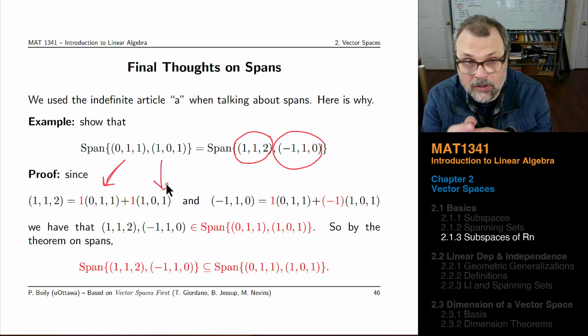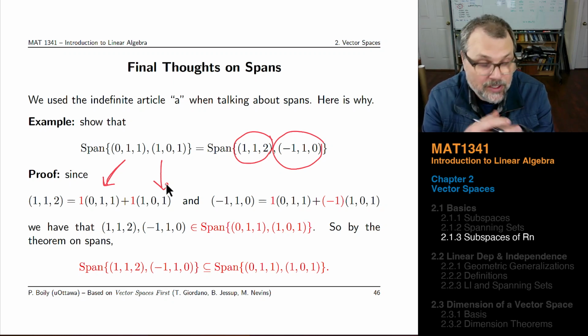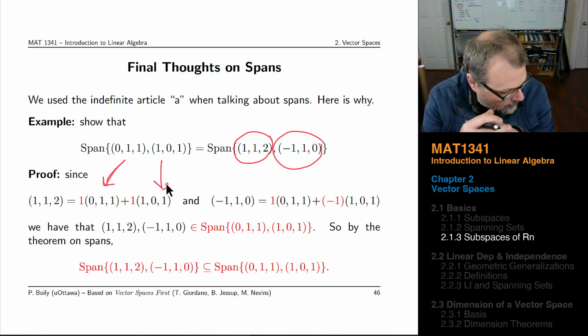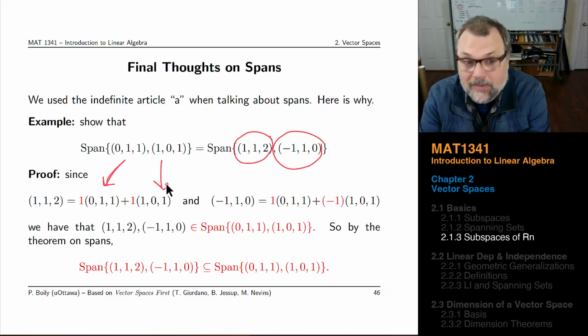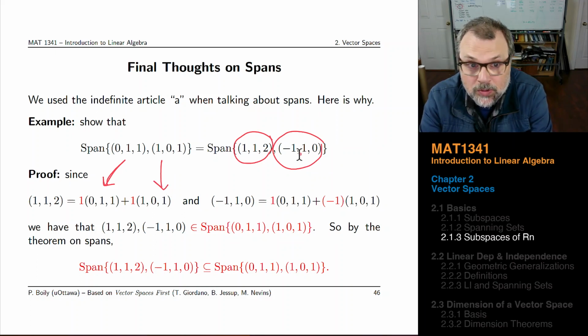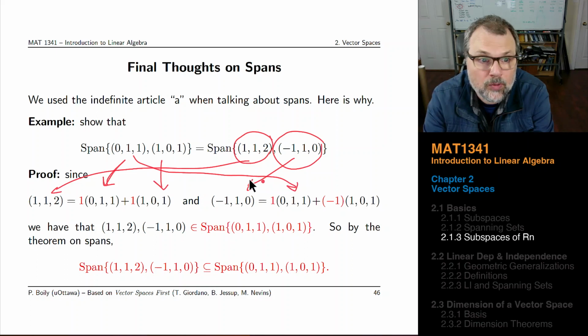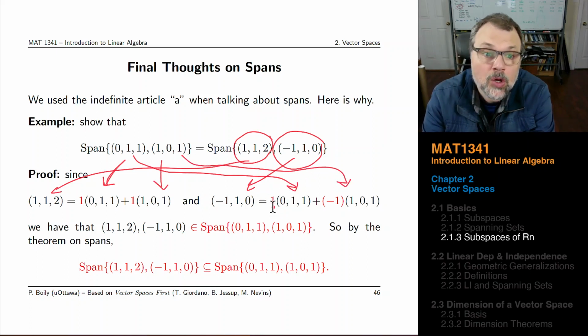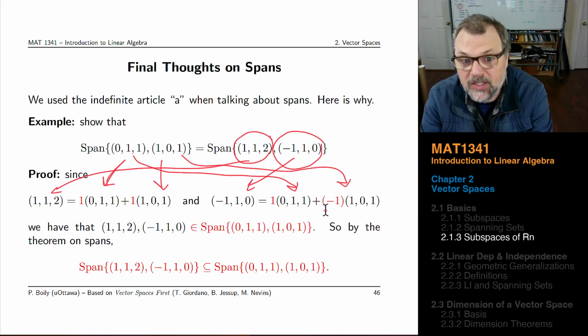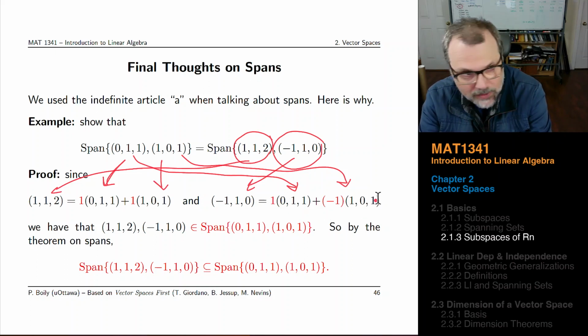So the first vector in the second spanning set is a linear combination of the vectors in the first spanning set. And similarly for the second vector, minus 1, 1, 0 is a linear combination of 0, 1, 1 and 1, 0, 1. The linear combination is 1 times 0, 1, 1 plus minus 1 times 1, 0, 1.